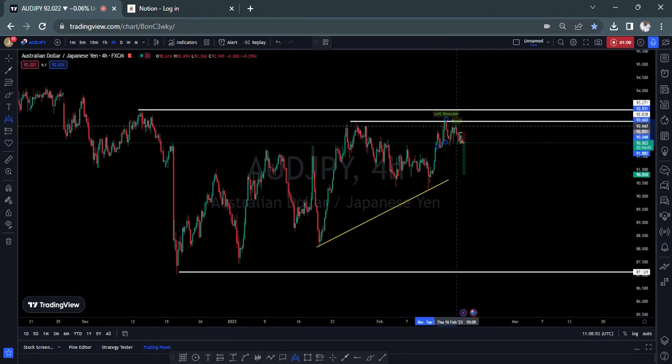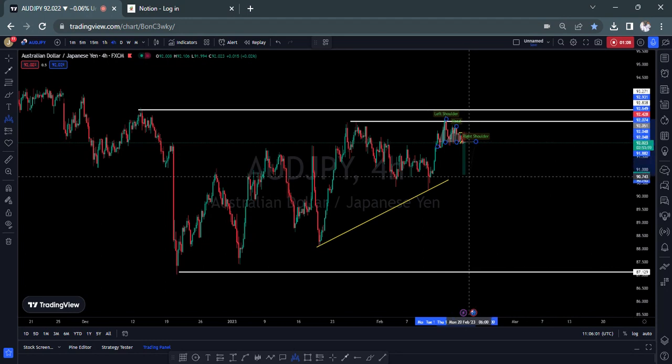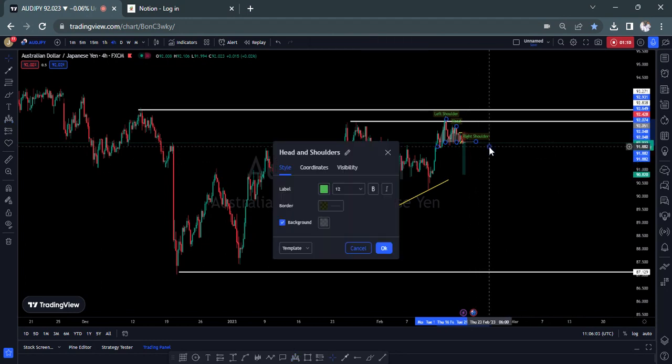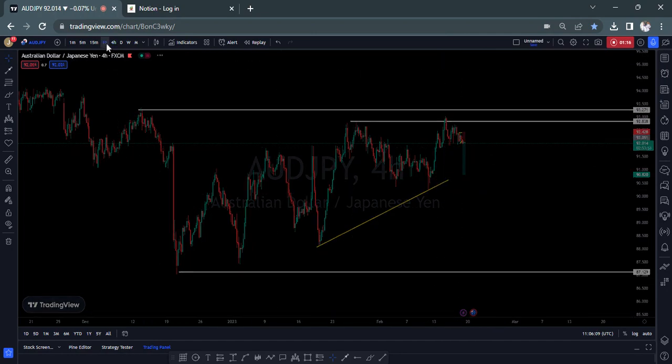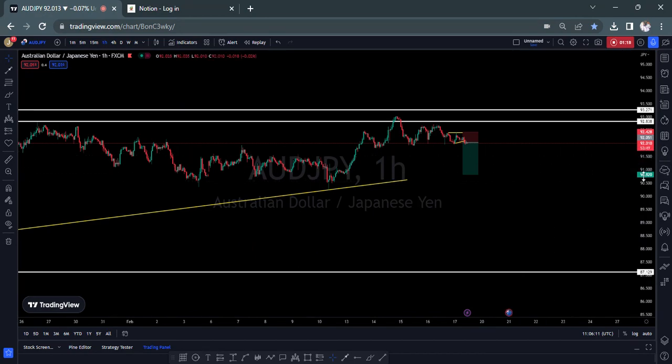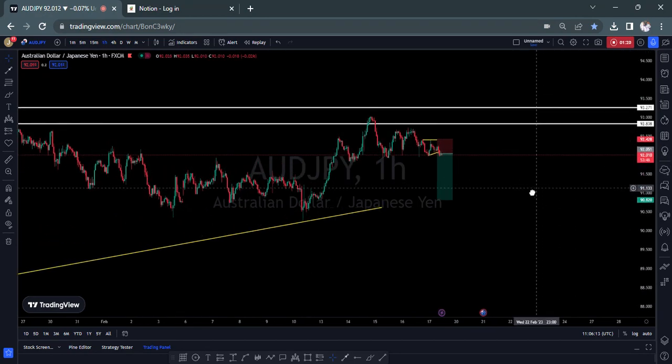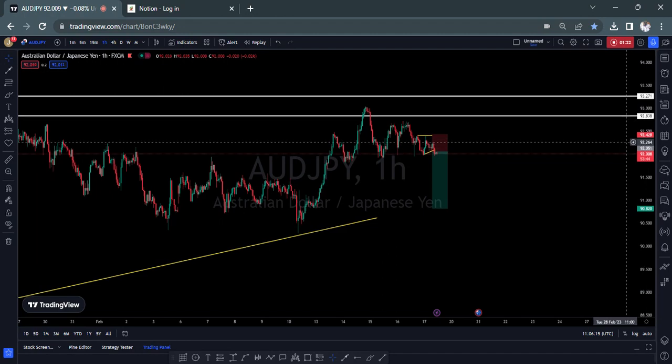Got the left shoulder, the head, the right shoulder. This is actually giving us a room that it would actually be falling. But I already entered this trade.